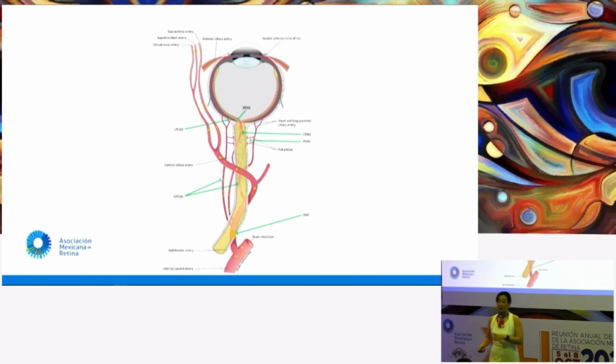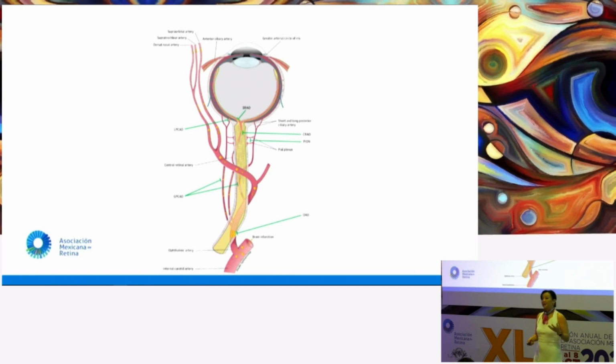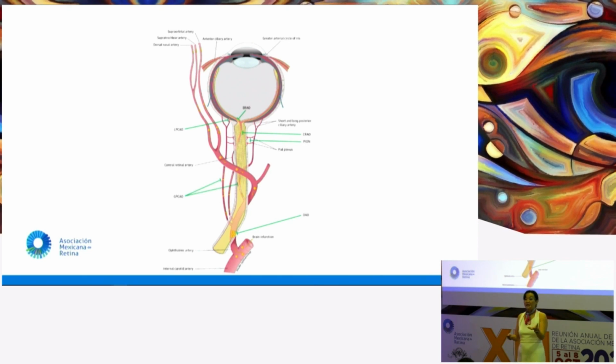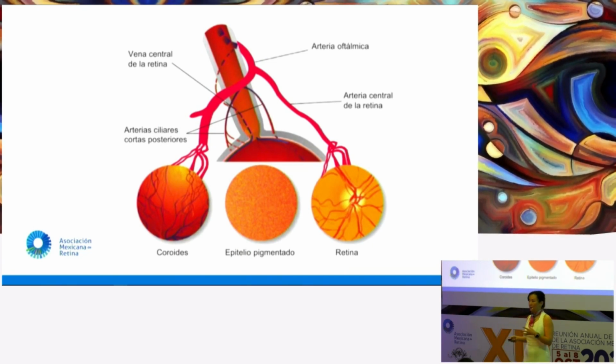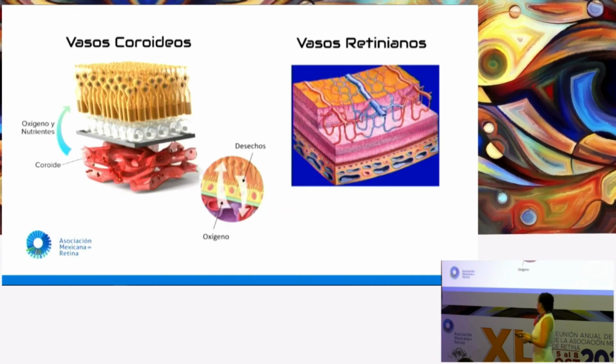So it comes in handy to know how the eye vasculature is conformed in order to then understand what we get to see, as accounted for by the physiopathology. When it comes to the retina, there are 2 plexus or 2 vascular affluents: the choroidal one that stems from ciliary arteries, and retinal vessels that stem from the central retinal artery.